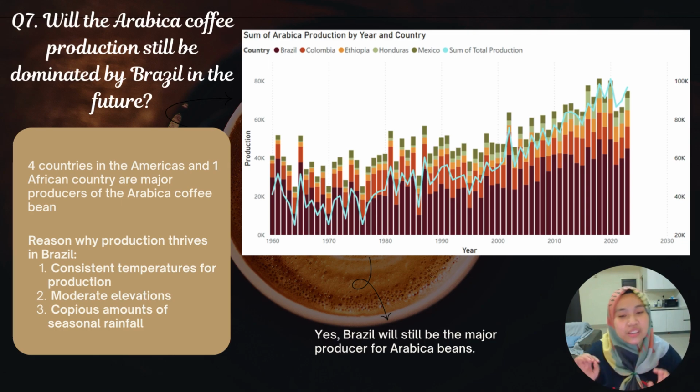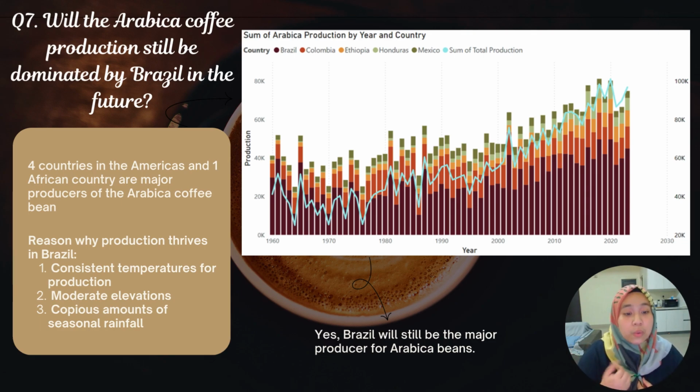Our research further solidifies the fact that the beans grow well in countries in the Americas region and it's native in East Africa. Brazil's near perfect climate for Arabica coffee cultivation, with its consistent temperatures, moderate elevations, and copious amounts of seasonal rainfall, are also reasons as to why the premium coffee plants flourish when grown in the mountainous areas of the nation.